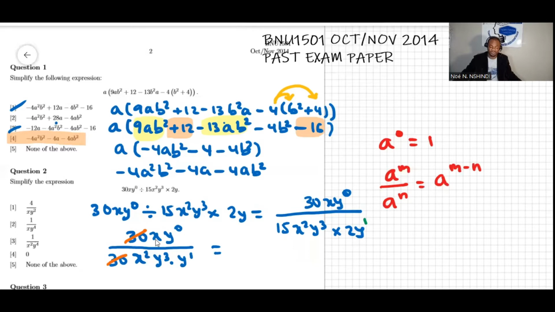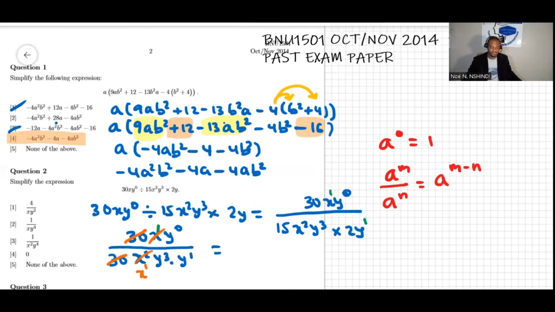I'm going to do 2 minus 1, why 1? Because x here has an invisible exponent of 1. So I will keep x at the denominator, and then I do to the power of 2 minus 1, okay? So over here I can simplify. I'll simplify this x with this one. It's going to be just x to the power of 1, okay?